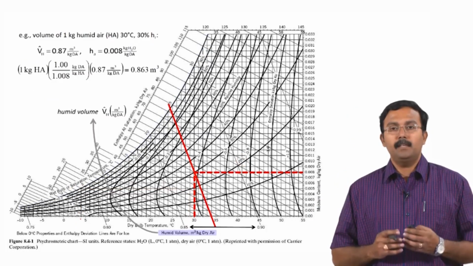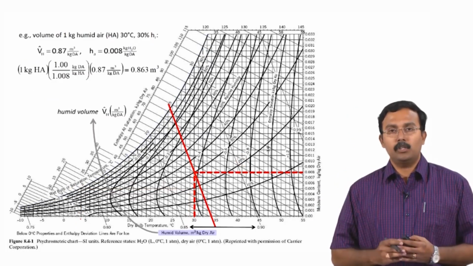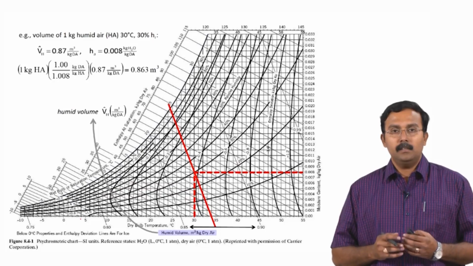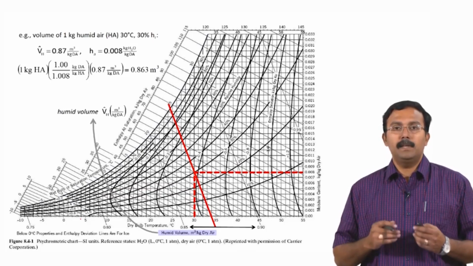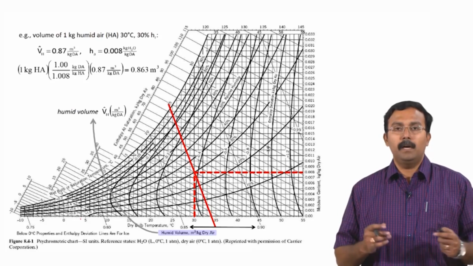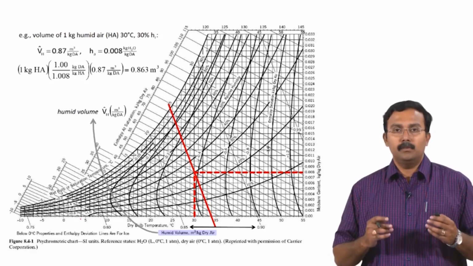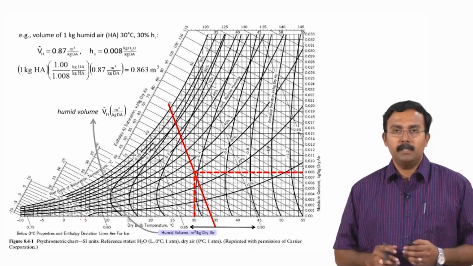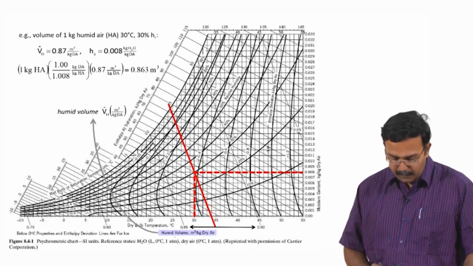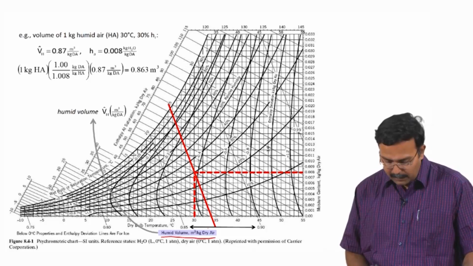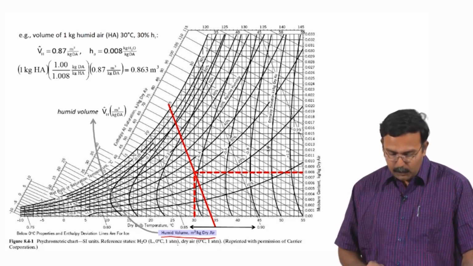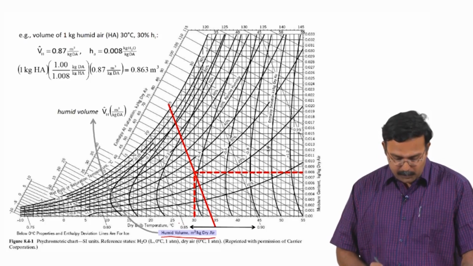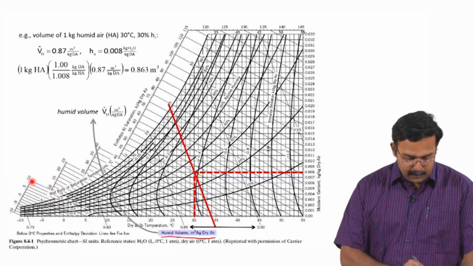The next information which you have here from this cross plotted chart is the humid volume. What is a humid volume? Humid volume is basically the volume occupied by humid air. So, how do we find humid volume from this curve? Along this particular x axis you have another set of lines.